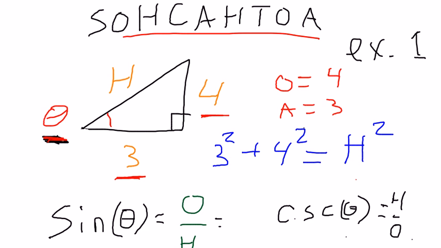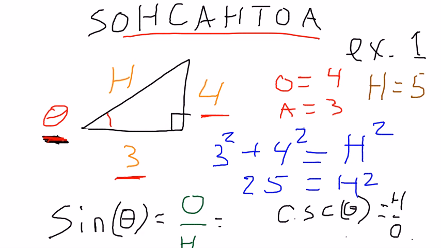So using the Pythagorean theorem, we get 3 squared to be 9, 4 squared is 16. Add 9 and 16 together, you get 25. 25 equals h squared, so we know h to be 5.